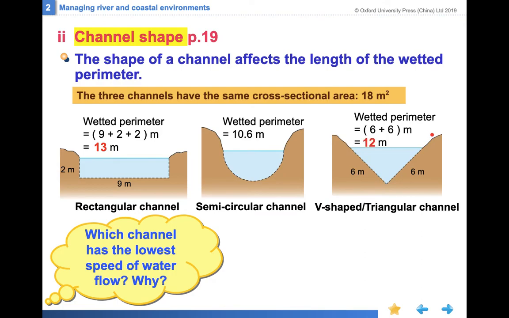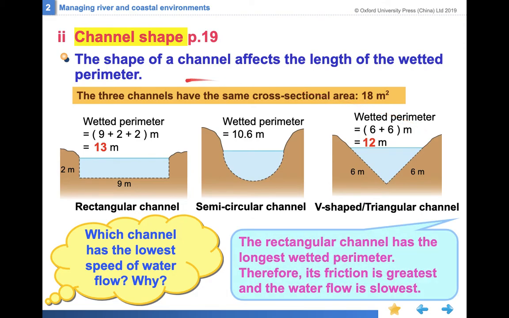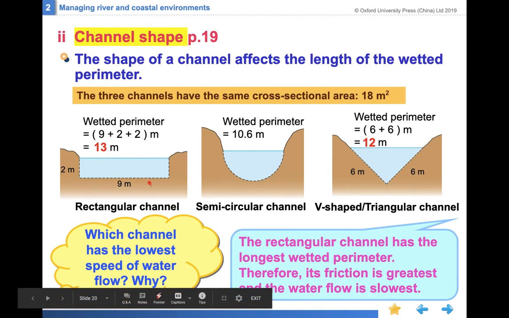So after we do the calculation, we know that actually the rectangular channel got the longest wetted perimeter, and thus the friction here is the greatest and the water flow will be the slowest. So the three main things you need to mention are first, the wetted perimeter, second, the friction, and third, the water flow. Okay?